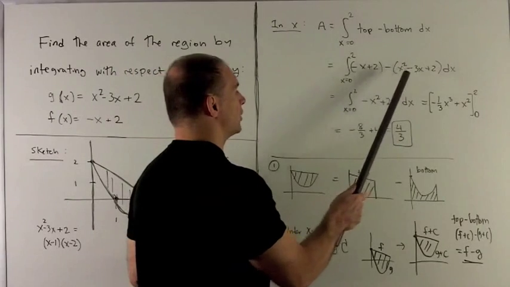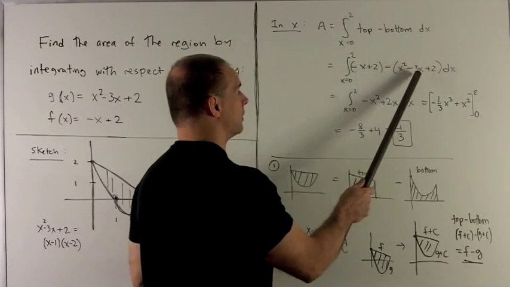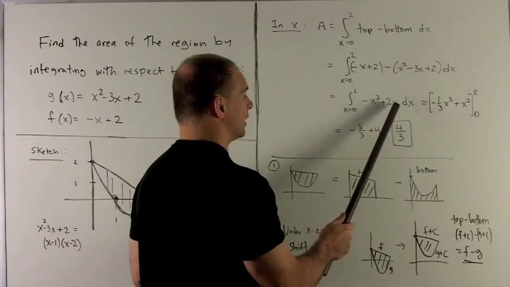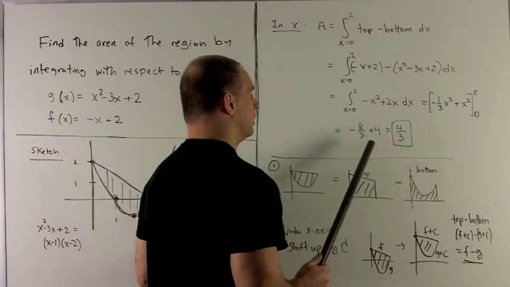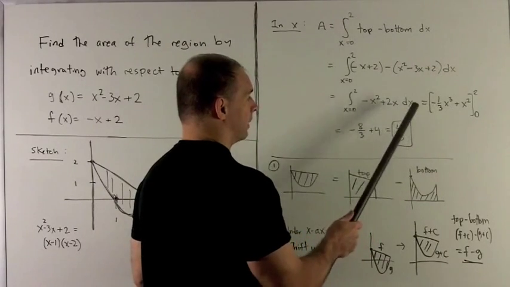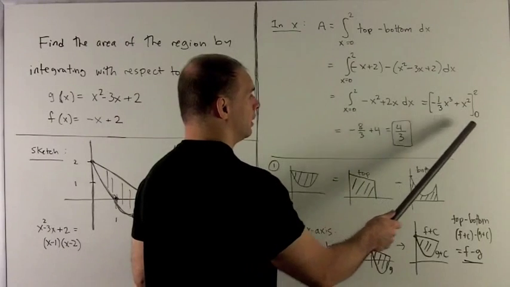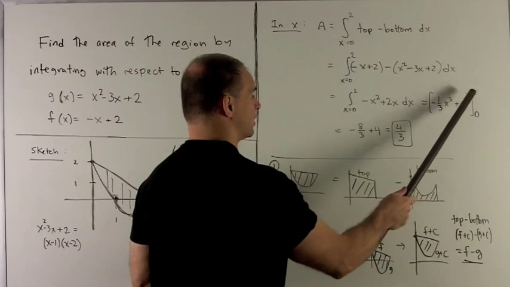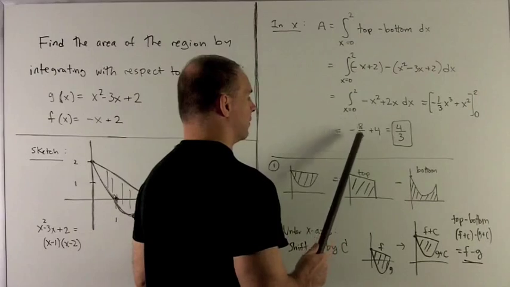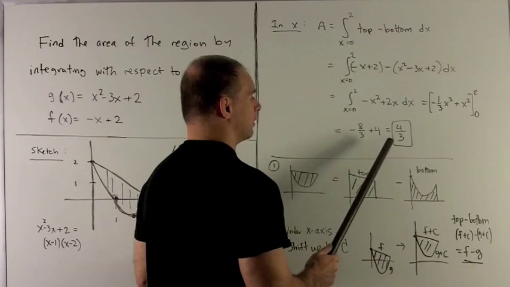We put our two functions in. The top is the line, the bottom is the parabola. We crunch it down, and then I take the antiderivative, so we add 1 and flip it over. The 0 does nothing when I put it in, so we just stick the 2 in. I have minus 8/3 plus 4, which gives me 4/3.